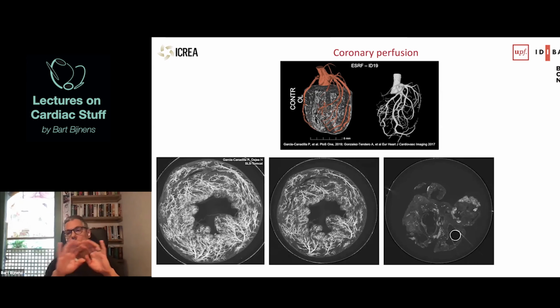And here you see the complexity of this. There are quite a lot of vessels. This is a maximum intensity projection from a very small slab of tissue. Here you see the coronary arteries, how they go throughout the whole heart in this movie. You can nicely see a large epicardial vessel that immediately starts to branch out into a very, very dense network of very small vessels.